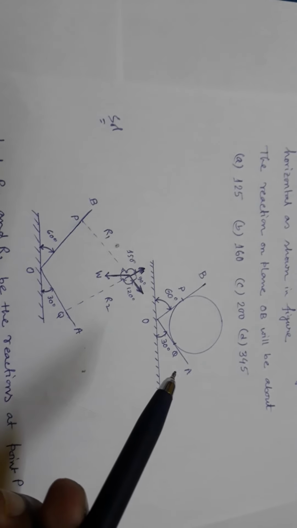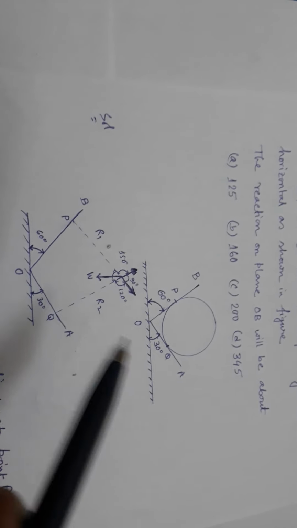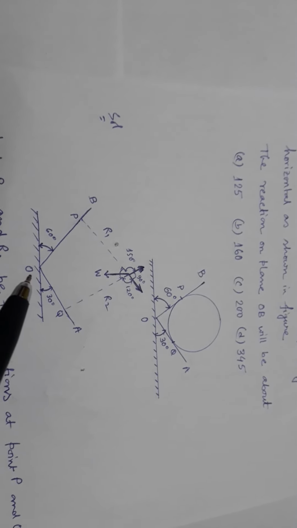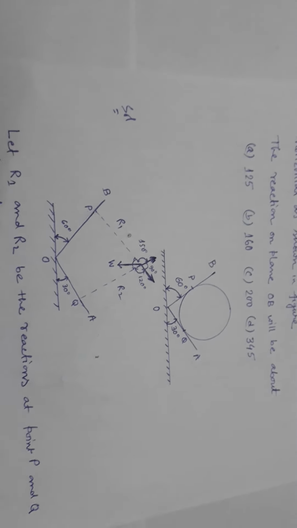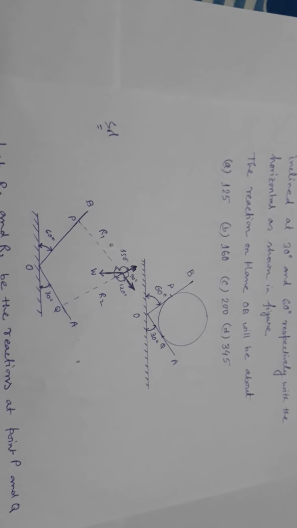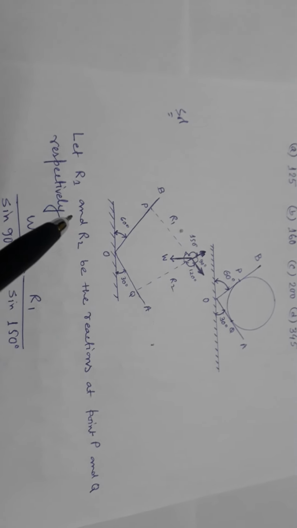So from this diagram, this is the free body diagram. You have to simplify this diagram. We have to find out the reaction on the plane OB. Okay, so let's focus on the problem.